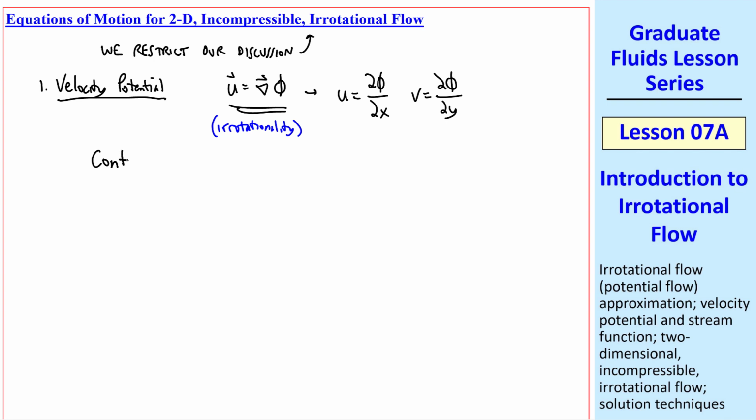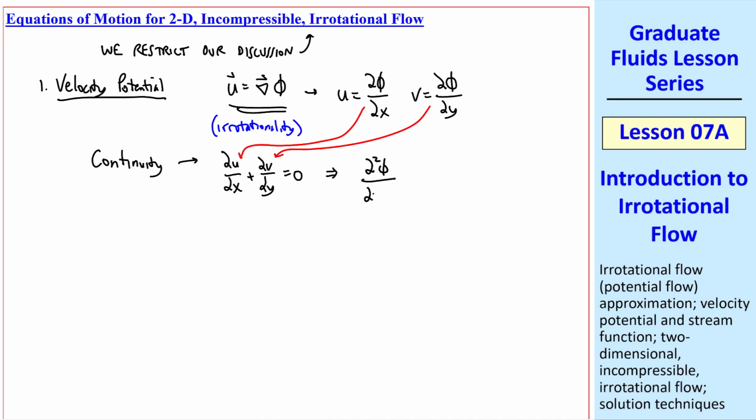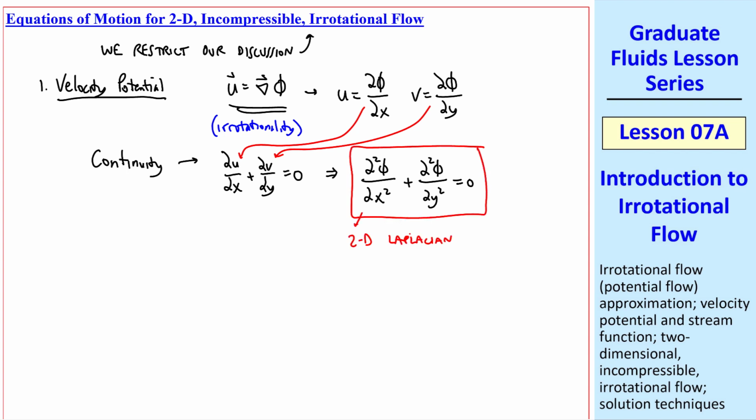We can also apply continuity for the incompressible flow case, del u del x plus del v del y equals 0. Plugging in these expressions for u and v, we get del squared phi del x squared plus del squared phi del y squared equals 0. You may recognize this as the 2D Laplacian of phi. We'll just call this del squared phi equals 0 since we're limiting ourselves to 2D flow.